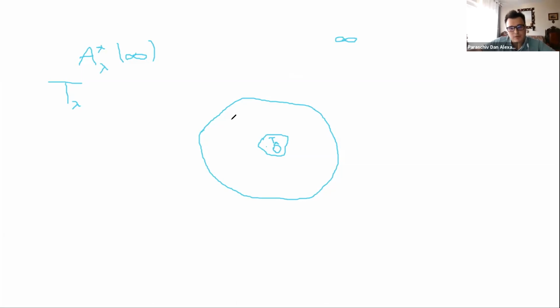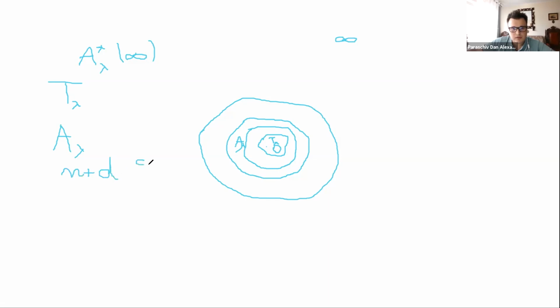Now, we have that there exists one preimage of T lambda, which we will denote by A lambda because it is an annulus. And this annulus also surrounds z equal to 0. And it lies between T lambda and A star lambda of infinity. This is A lambda. And A lambda contains n plus d critical points and n plus d zeros.